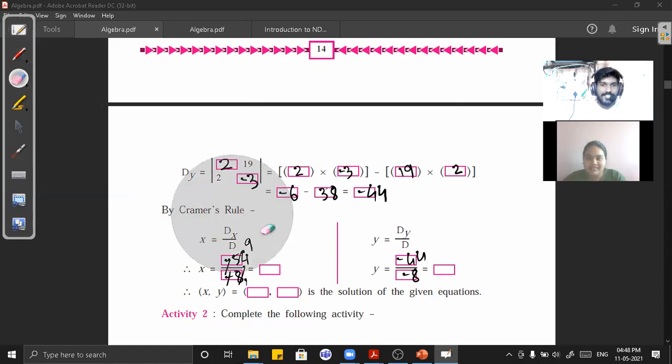Yeah, I understand. So this would be minus. And the next one answer is also 5.5. I think something has gone wrong. 54 divided by 8, 6.